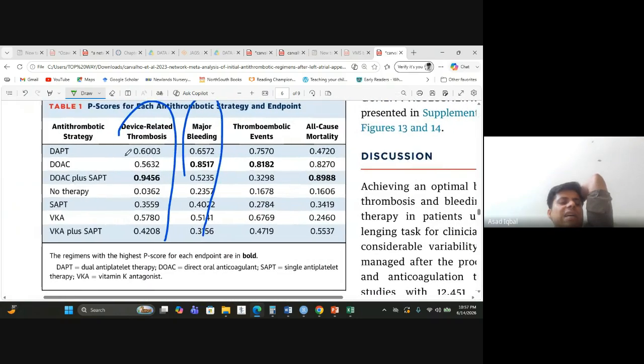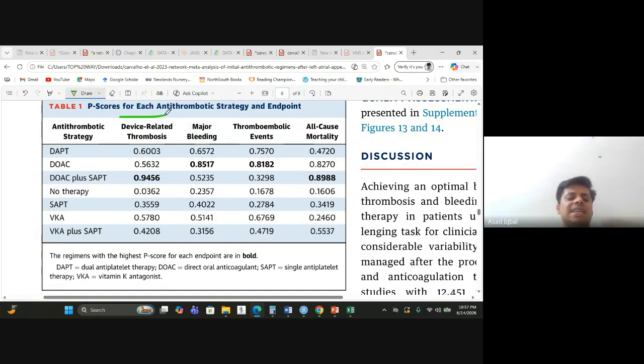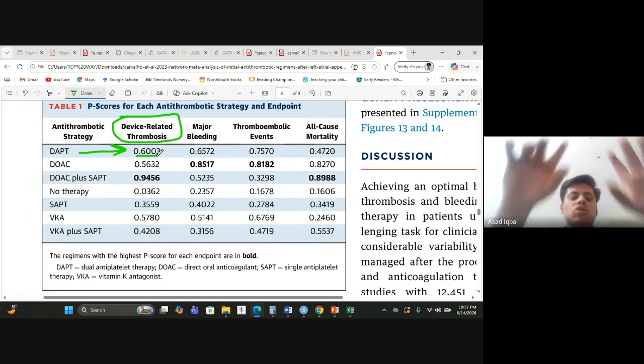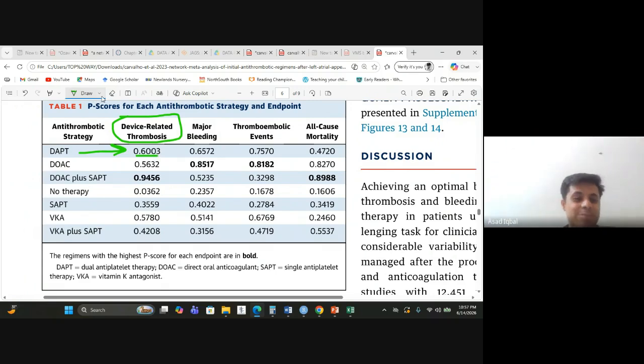So for the device related thrombosis, this is a p-score for each antithrombotic strategy and endpoint. So for DRT, I mean device related thrombosis, the DAPT having the highest p-score. No, sorry, my mistake. The highest p-score is for this one, dual oral anticoagulant plus single antiplatelet therapy.